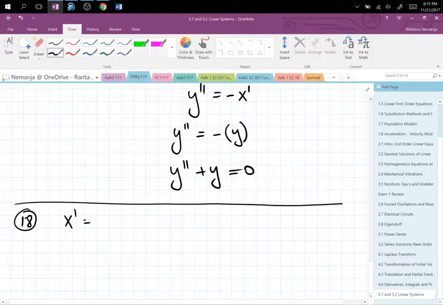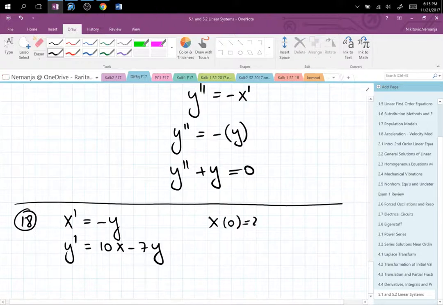X prime is negative y, and y prime is 10x minus 7y. And in addition to this, we have initial conditions x of 0 is equal to 2, and y of 0 is equal to negative 7.